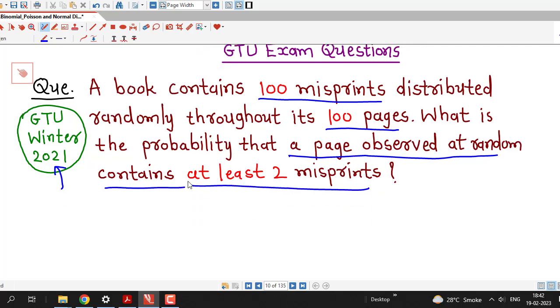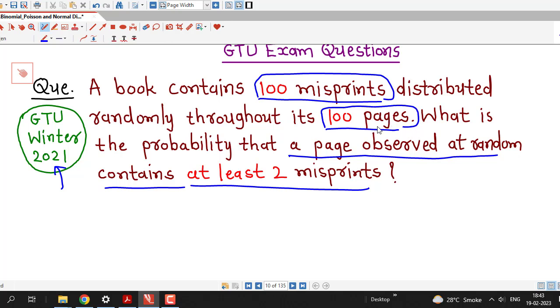So first we have to identify what the random variable is for this question. It is given that the book contains 100 misprints distributed randomly throughout its 100 pages.